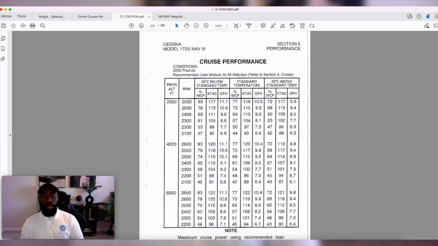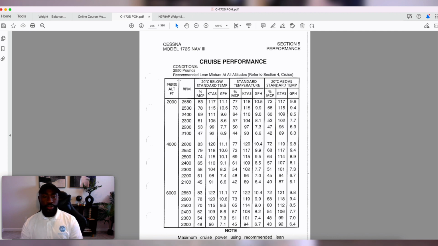So the most important thing we're looking for right now is to determine our gallons per hour, so we know how much fuel we're burning. But before we do that, we have to make a decision on what altitude we're flying, the RPMs we want, and the power setting we want, and then we'll get those numbers from whatever we decide, right?